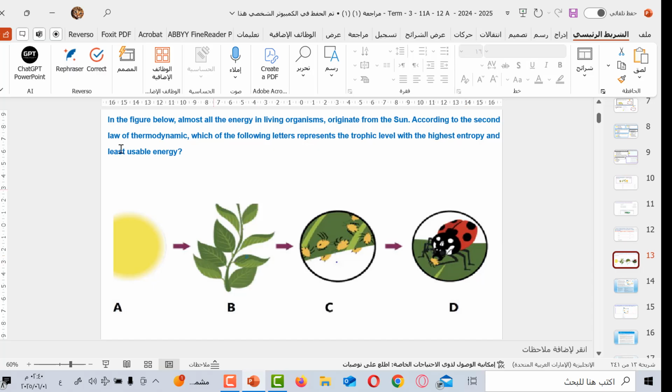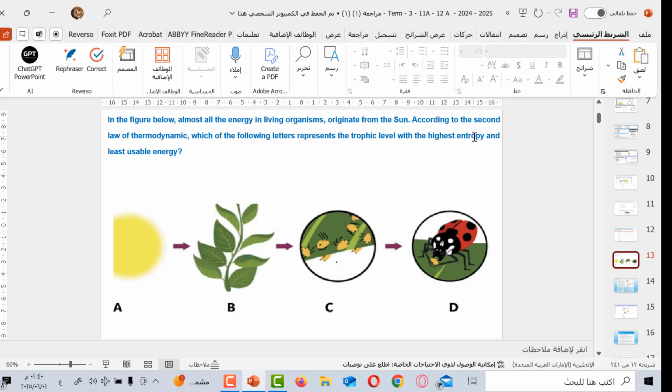Now this is for the picture. In the figure below, almost all energy in living organisms originates from the sun. According to the second law of thermodynamics, which of the following letters represents the trophic level with the highest entropy and the least useful energy?